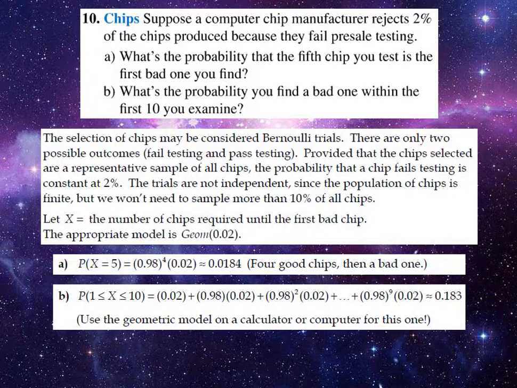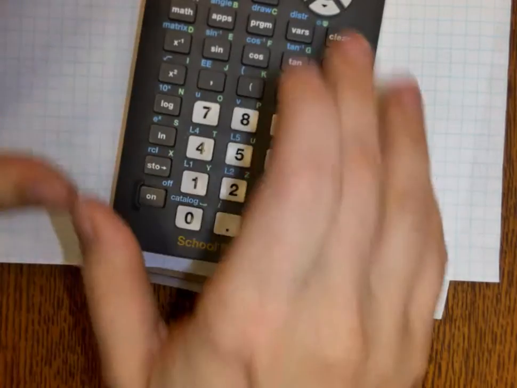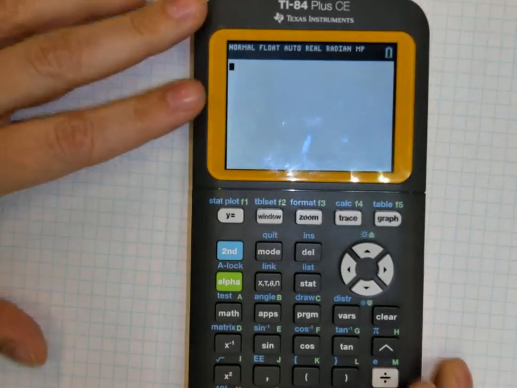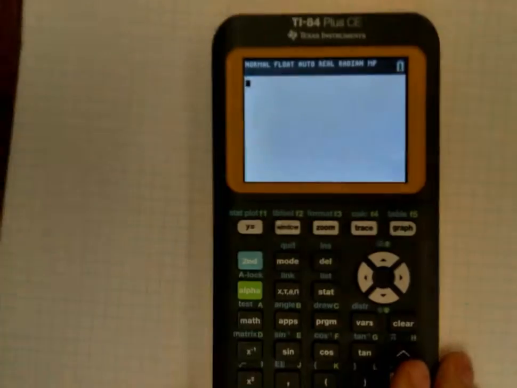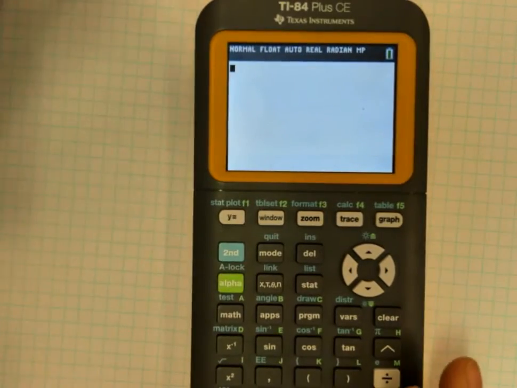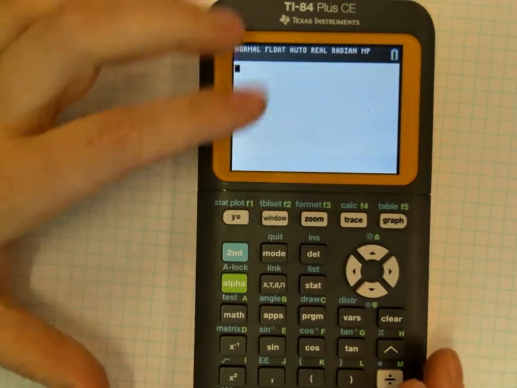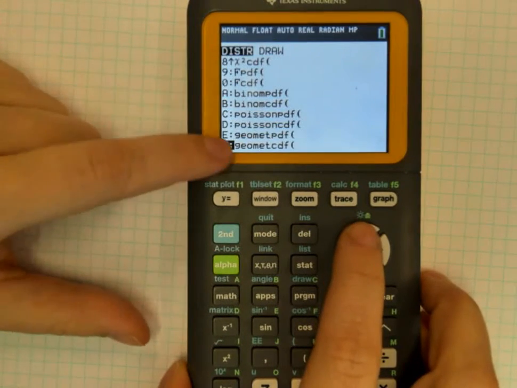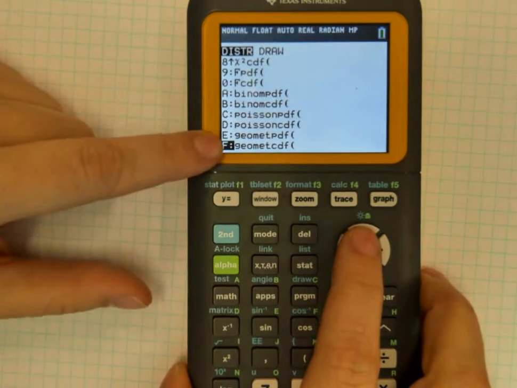Now, what we were talking about before class ended is we were kind of briefly going over our calculator commands. And so let's go over that one more time. We are right now talking about the geometric distribution. And if you go to your second vars, all the way at the end, there is your geometric.